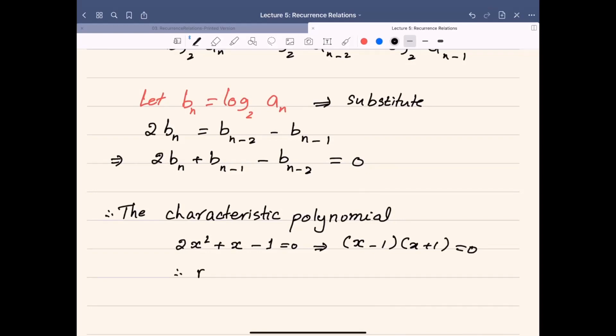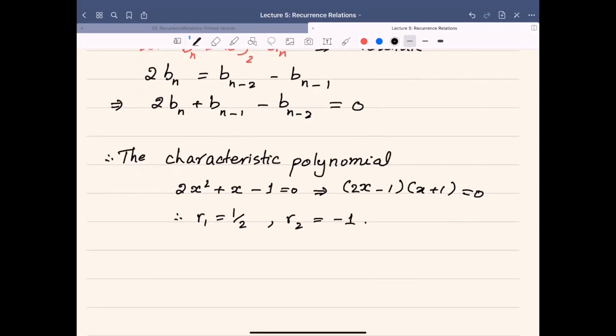Then the first root, I think here I have 2, but we should have 2x minus 1, so R1 is not in fact 1. So R1 will be equal to 1/2, and R2 is equal to minus 1.